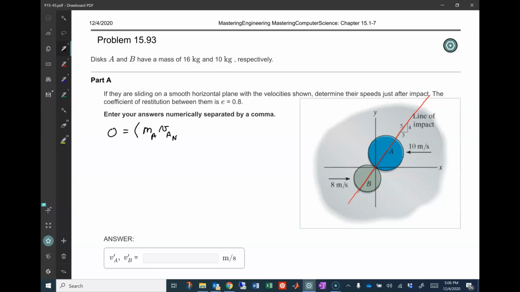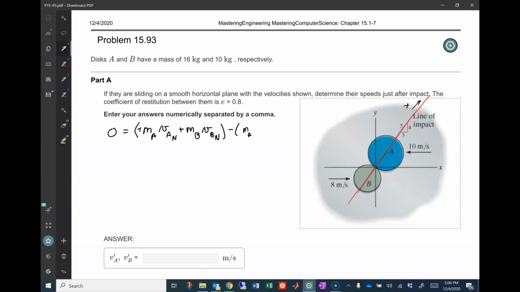I don't know which way he's going, so I'm going to call this direction positive, and I think he's going in the positive. Then B is probably moving, so mass of B times the speed of B in the normal direction, also positive, minus the momentum before the collision, mass of A times the speed of A in the normal direction.